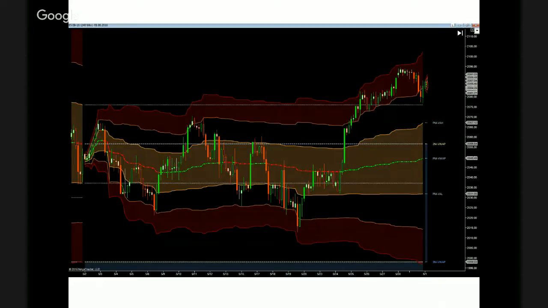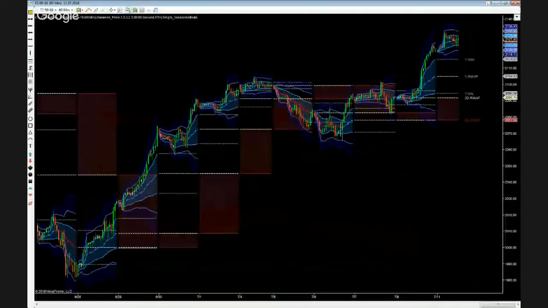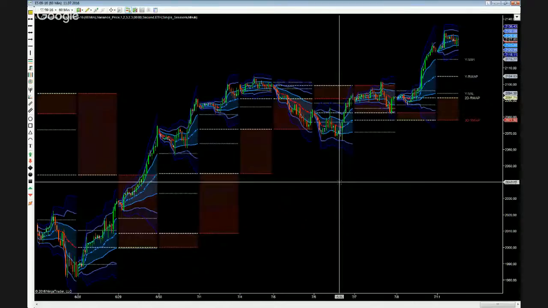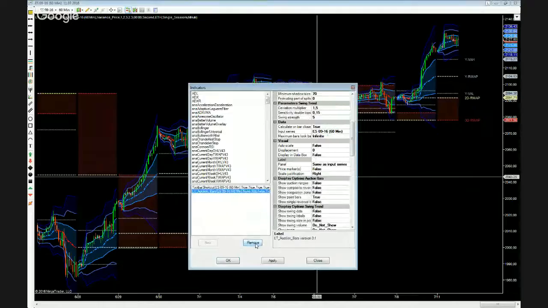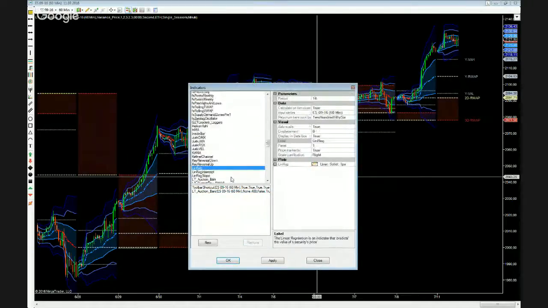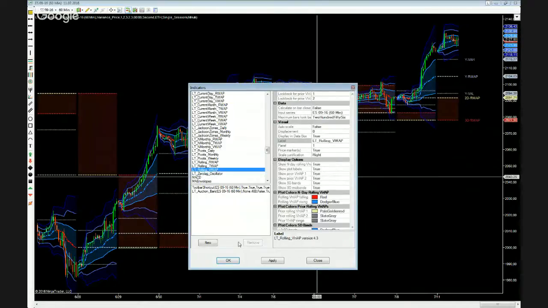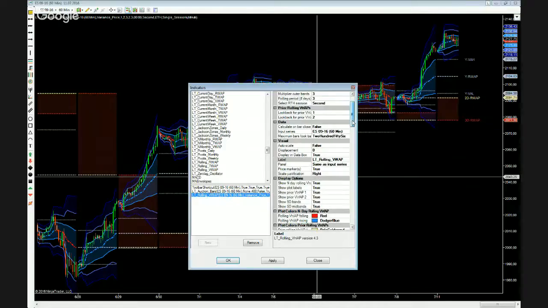All right, so let's go into a chart here. I wanted to show some other features of this package that we have. Let's put on, we're going to put on a rolling VWAP. A rolling VWAP is a moving window, so it's not anchored at a specific start of the session or start of the month or the week.